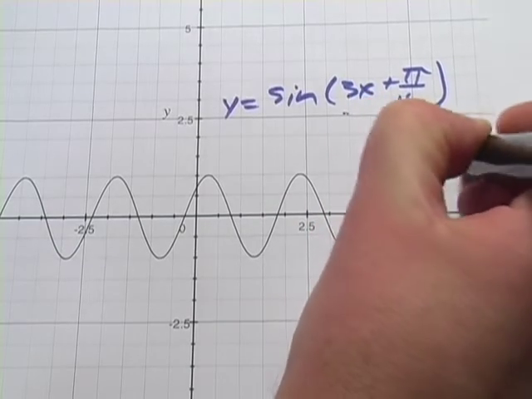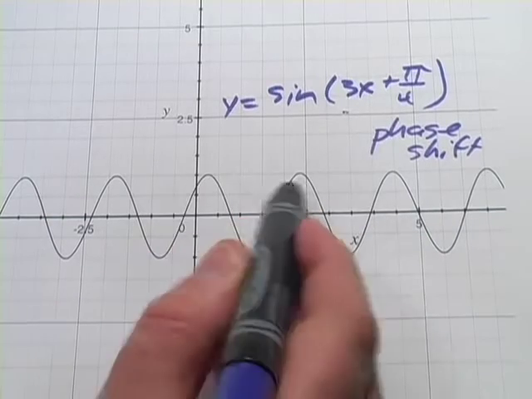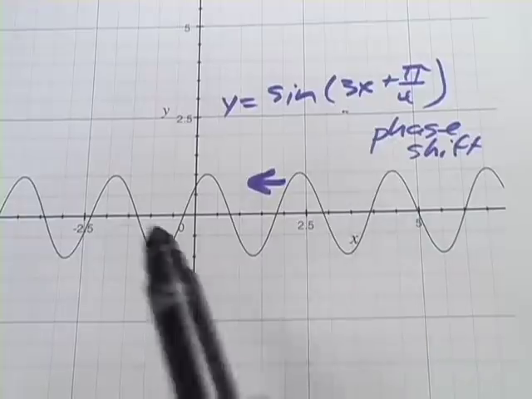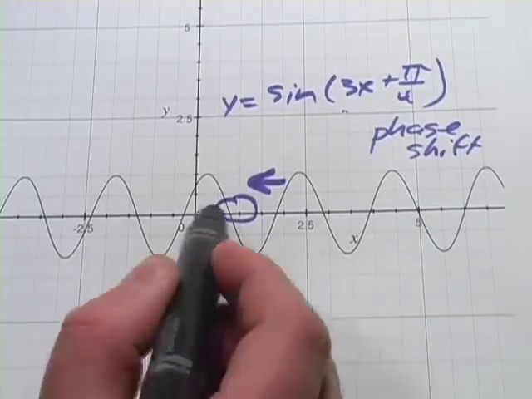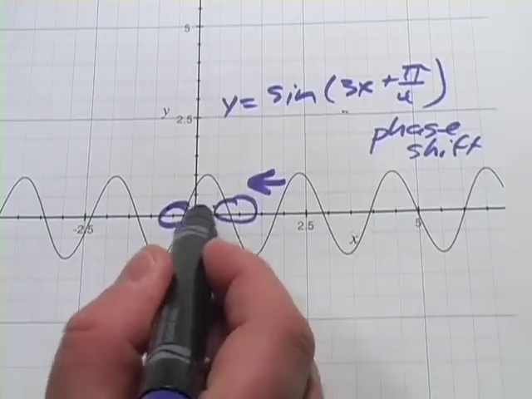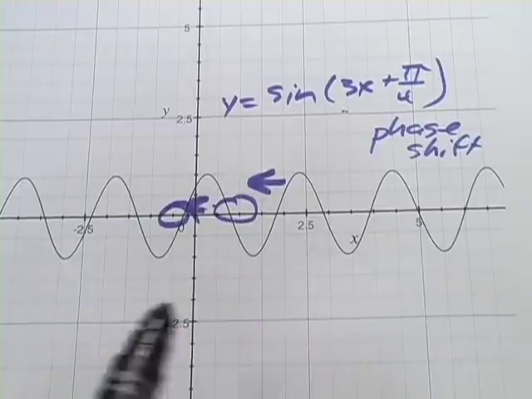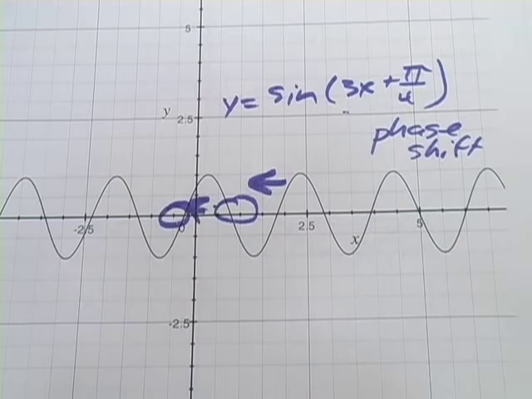And you can add or subtract inside the parentheses. The value that you add is going to move the whole function in this direction by that amount. So we've shifted this pi over 4 in that direction. And you can see here's our 0, and here's our 0 that's been shifted in that direction. So we've got the amplitude, we've got the period, and we've got phase shift.